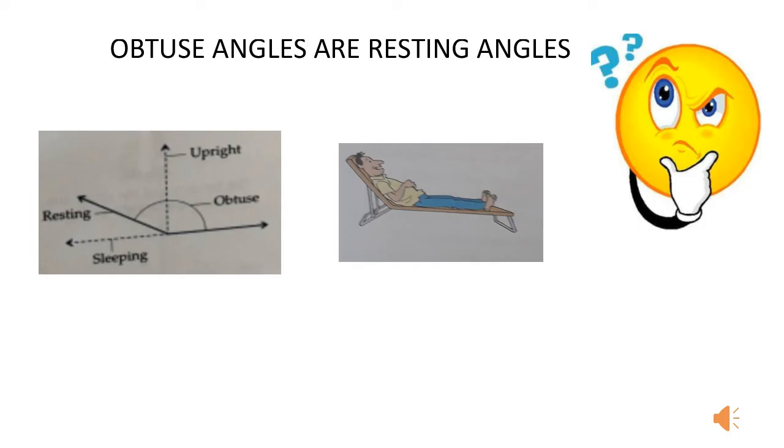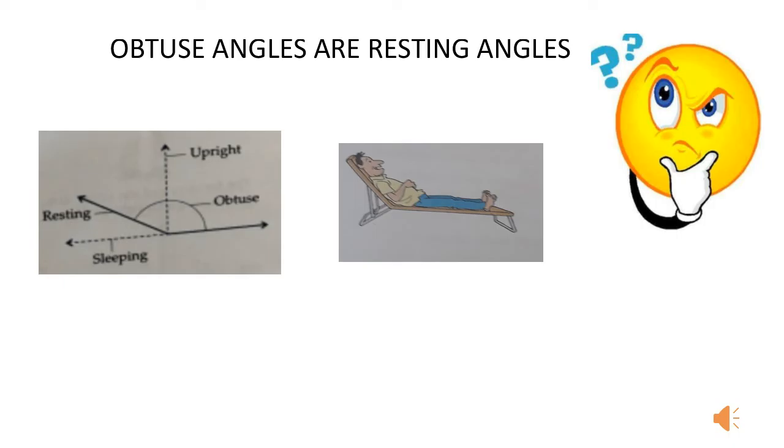Obtuse angles are resting angles. As you can see in the picture, the person is resting. If he would have been seated, then it's upright. Just relate it with the adjacent figure, that will be 90 degree. But no, he is taking a rest, so his body is towards the floor a little bit.